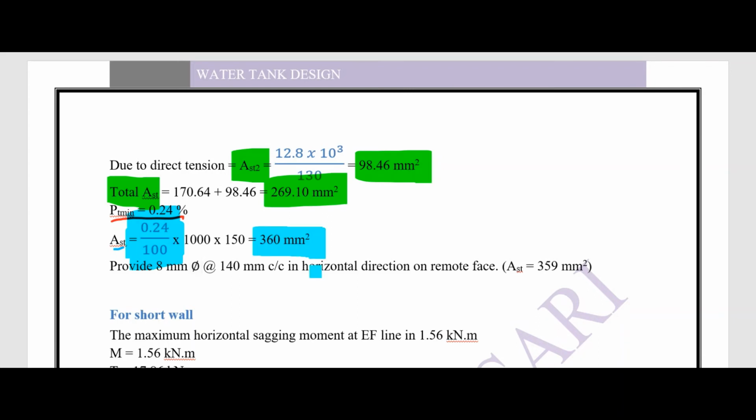Here is the minimum required reinforcement, which is 360 mm square. So we are going to design center reinforcement as 8 mm dia at 140 mm center to center in the horizontal direction on the remote face. For this design, 360 mm square provides the minimum reinforcement at center.